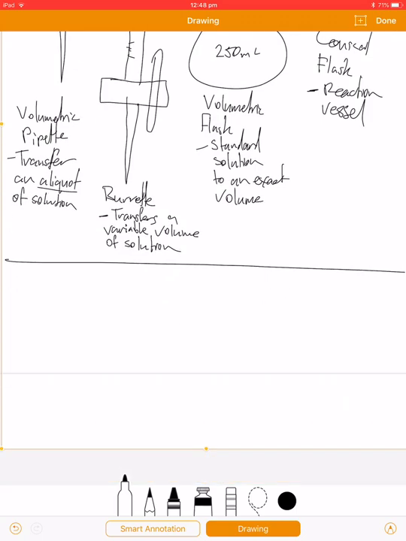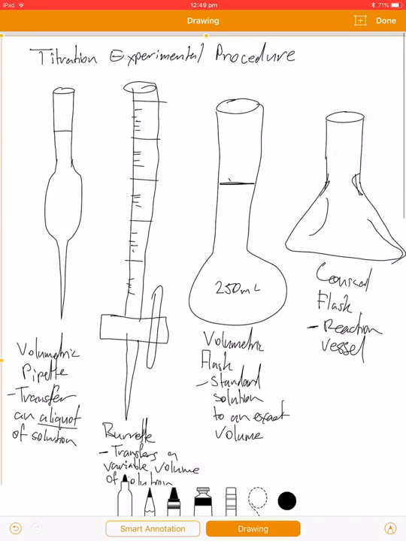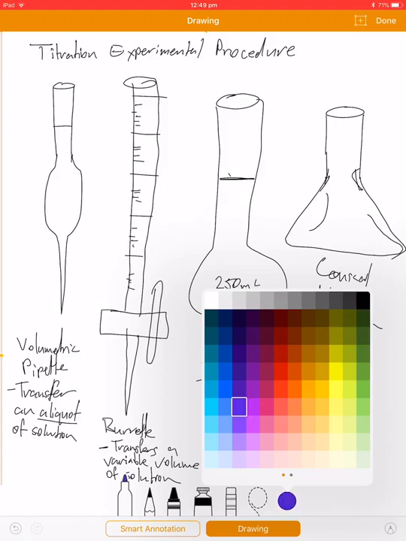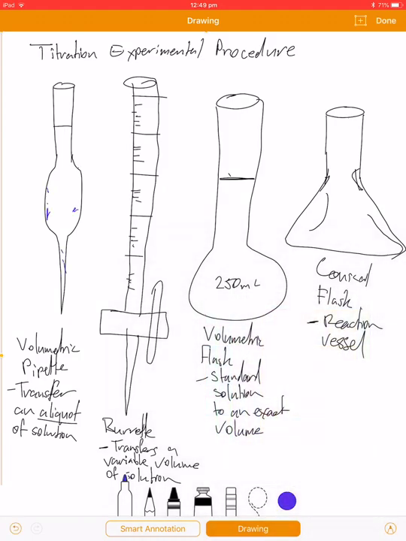So to prepare a volumetric pipette, we're going to rinse with distilled water, and that is to remove any contaminants. So effectively it's clean. But then once you rinse with distilled water, you're going to have little bits of water residue kicking around on the inside of it. We obviously don't want that.